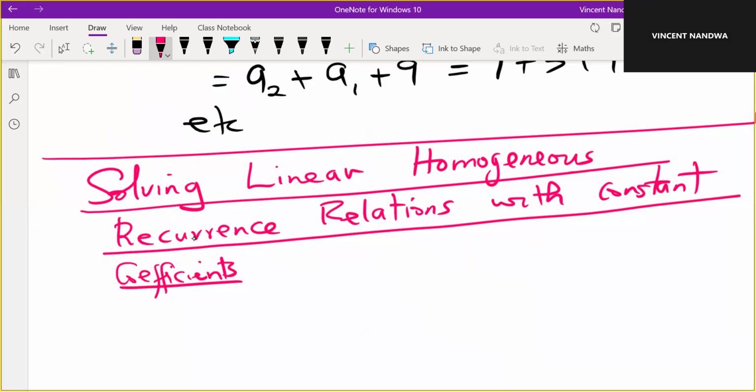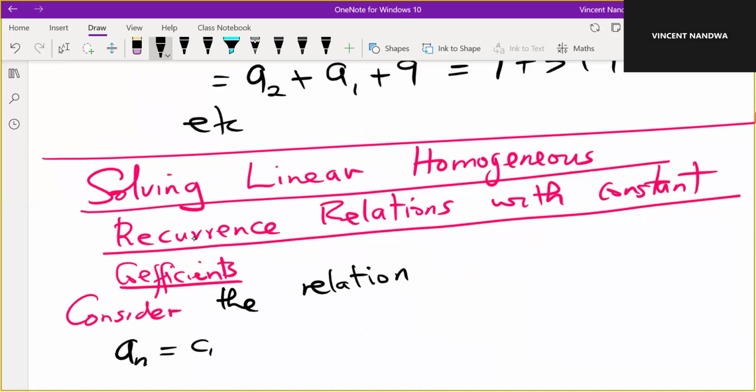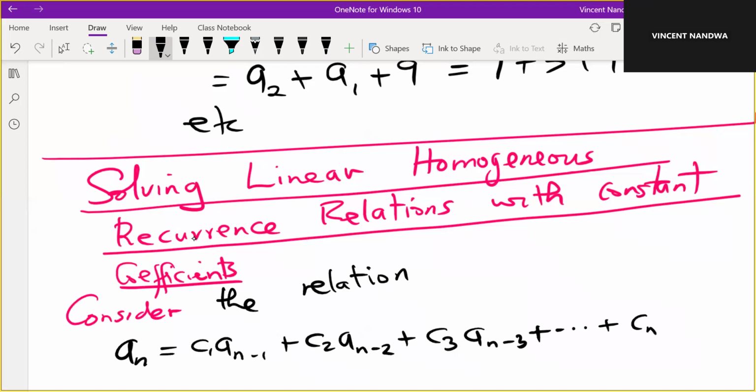So consider the recurrence relation a_n equals c1 a_(n-1) plus c2 a_(n-2) plus c3 a_(n-3) all the way up to ck a_(n-k).